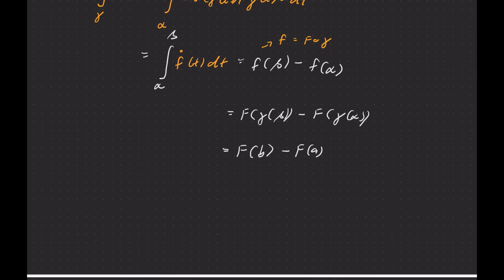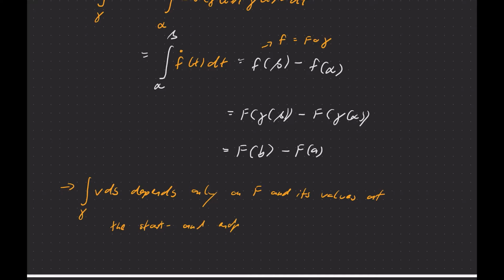So let's quickly note that this integral here, V ds along gamma, depends only on F and its values at the start and endpoint of our curve gamma.